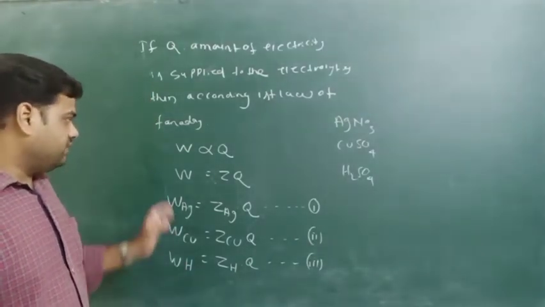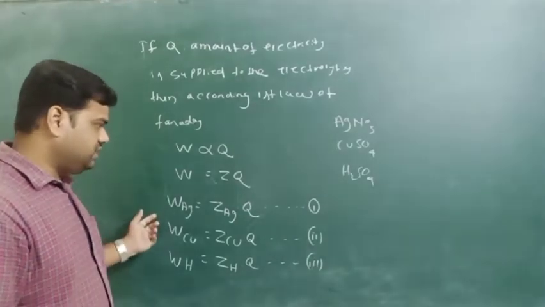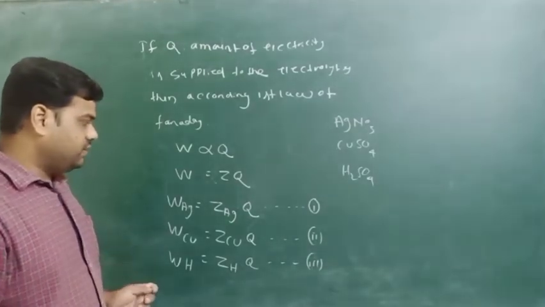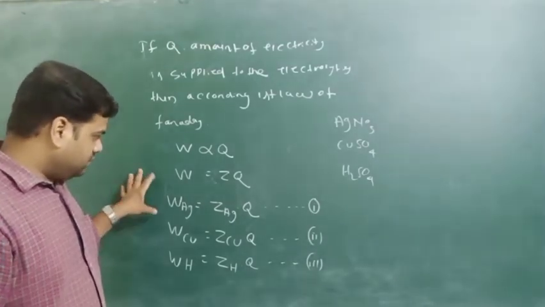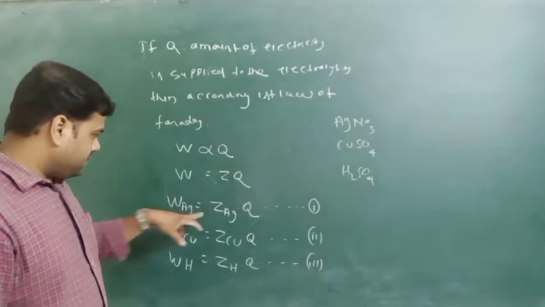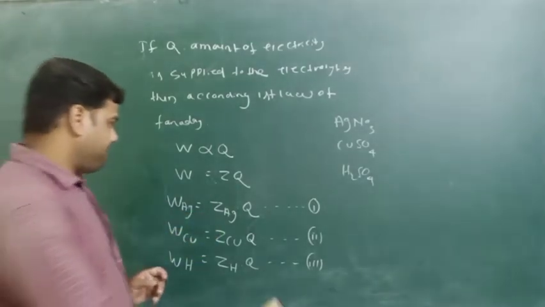According to the first law of electrolysis, we have got 3 equations. So when we take equation 1 and 2 according to the first law, what happens?